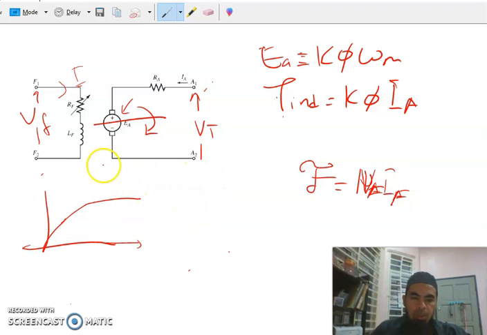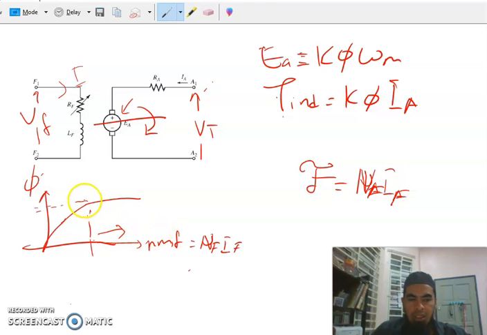So if you plot this MMF versus the flux phi produced in the motor, this is your MMF, which is equal to NF times IF. We can see that after you increase to a certain level, either the number of turns or the field current, up to this stage, even though you increase some more in terms of current or turns, you cannot push any more.